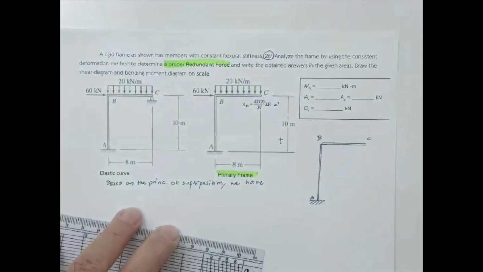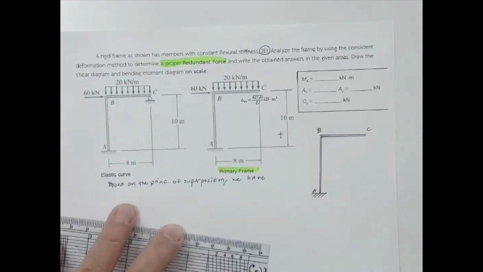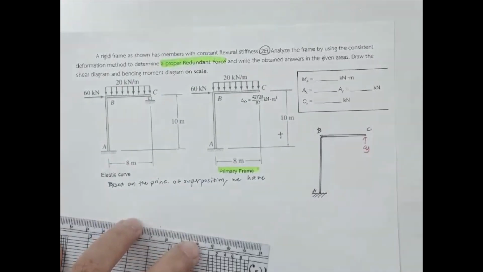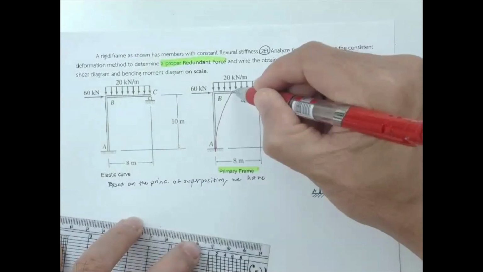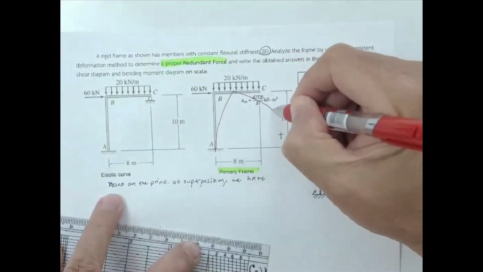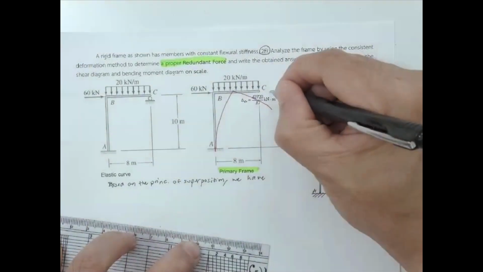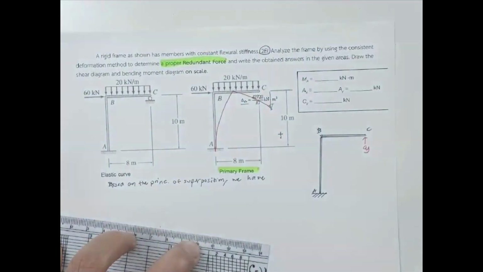So actually this is going to be your frame subjected to this C sub Y redundant force. Based on this, this frame will have this kind of deformation. And then you put this here, this is going to be delta sub CV.